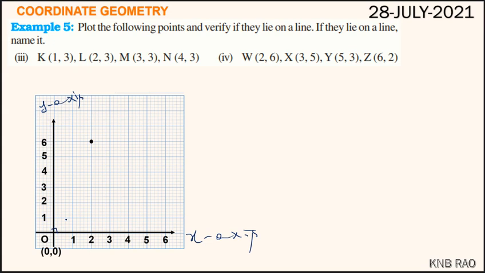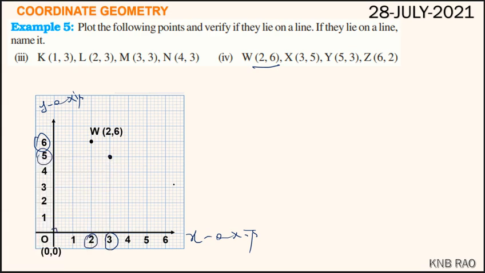Now, first I am taking point W(2, 6), 2 units away from the y axis and 6 units away from the x axis. Then X(3, 5), 3 units away from the y axis and 5 units away from the x axis. We get this point.